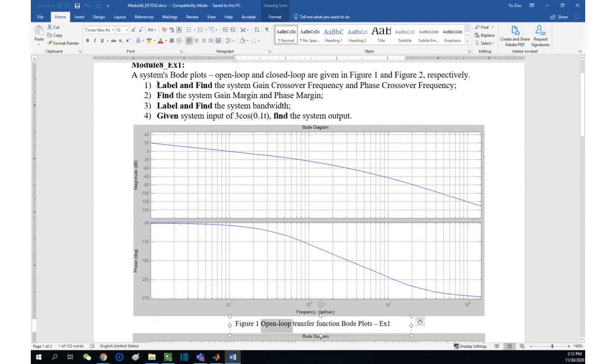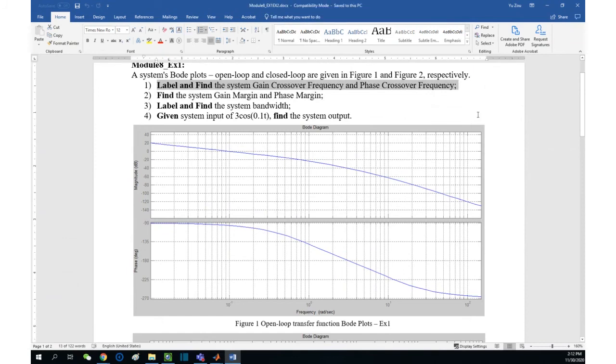We label and find the system gain crossover frequency and the phase crossover frequency, omega GC and omega PC. And the frequency here, like the concern from John, be very careful.